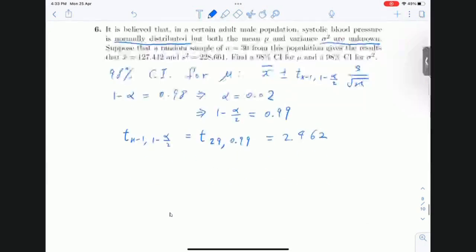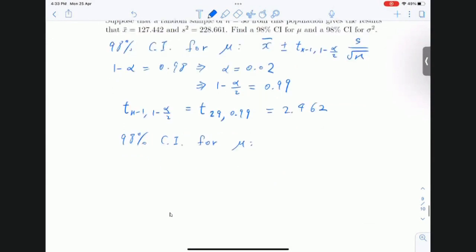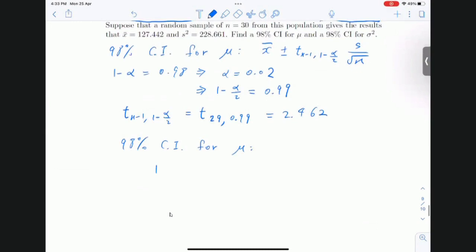So we have every ingredient to substitute into this formula: the sample mean, plus or minus the t quantile, multiplied by the standard deviation. Don't forget to take the square root because you are given the sample variance.